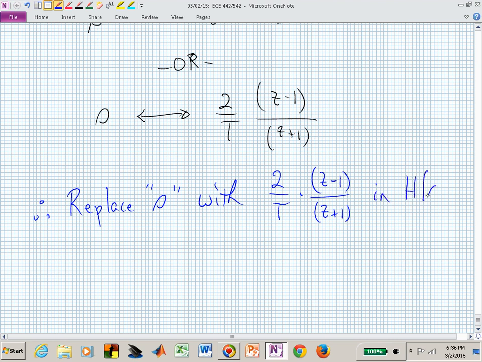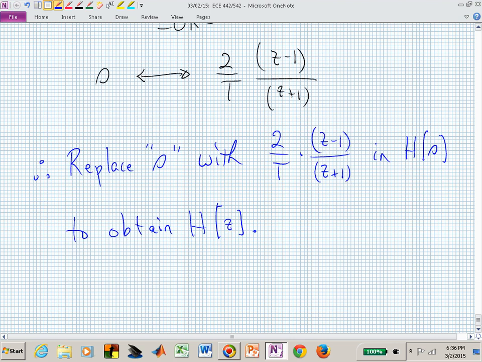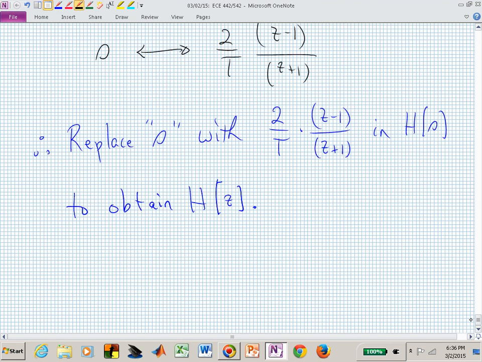We use that in capital H of s to obtain a capital H of z. And let's do that for our low-pass filter example.